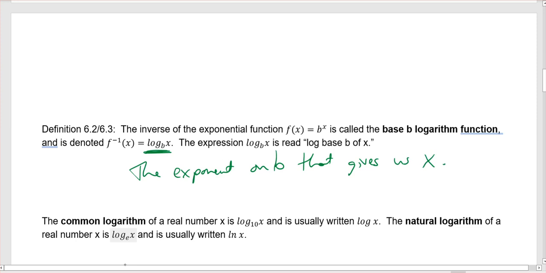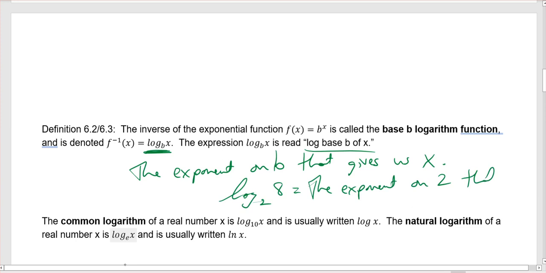So it's called a base b logarithm. And the expression here is read log base b of x. So for example, log base 2 of 8. This is the exponent on 2 that gives us 8. And we know what that is, right? We know that 2 to the third is 8, so that has to be 3.